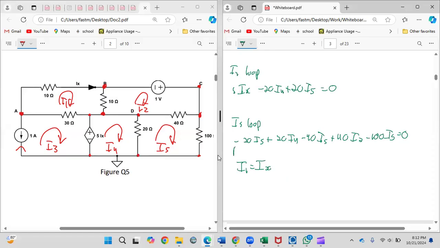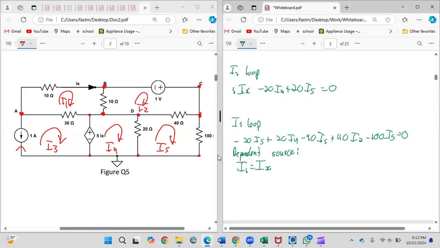So a current dependent source in loop analysis is nice, because you already have loops. Ix is either going to be in the same direction as I1 or opposed, so whatever Ix is going to be the same current as I1. If Ix was in the opposite direction, it would be minus I1.